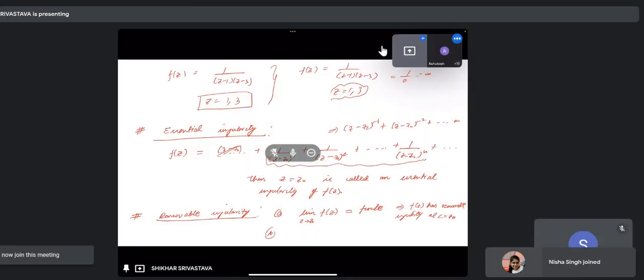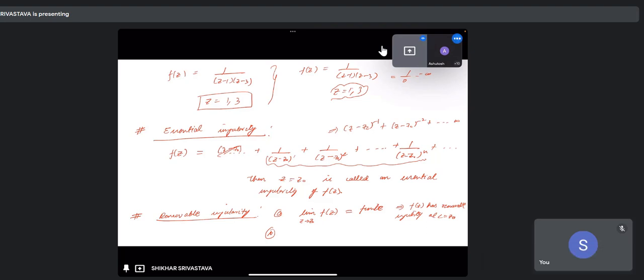There are two different ways through which you can find this. Another way is that you expand that function in a Laurent series. I will tell you later in the class how to do that. If in the Laurent series there are no negative powers of z minus z naught, then you say that the function has a removable singularity.